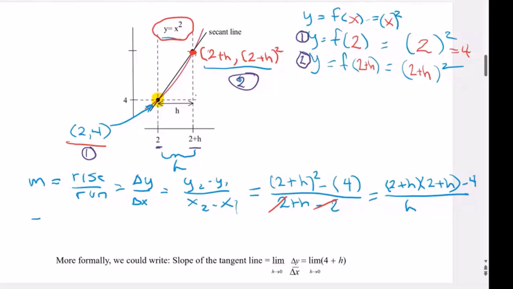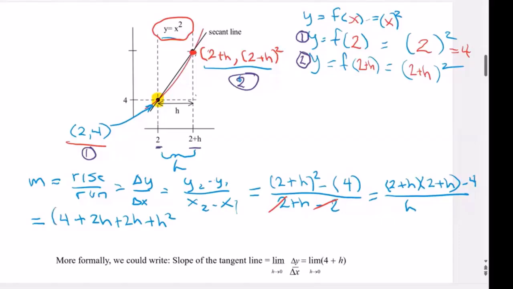So let's continue. I'm going to FOIL those 2 plus h's together, multiply them together, and get 4. First times first, outer times outer, inner times inner, last times last.